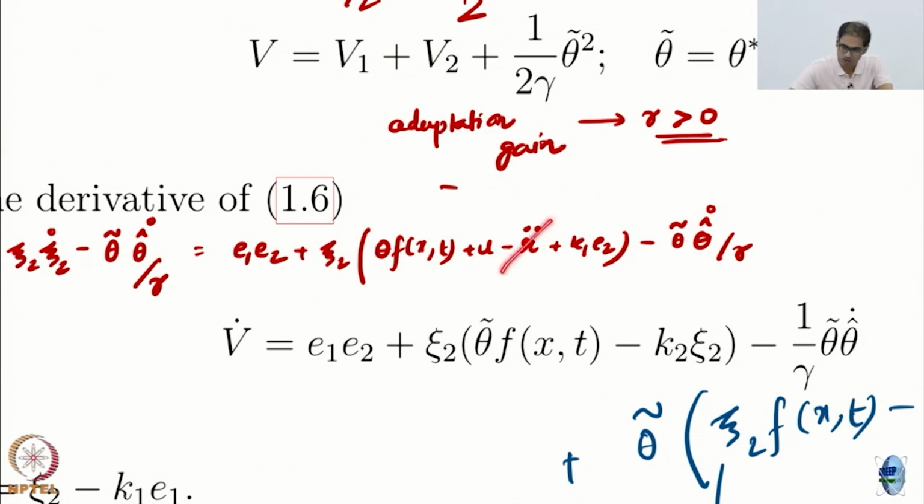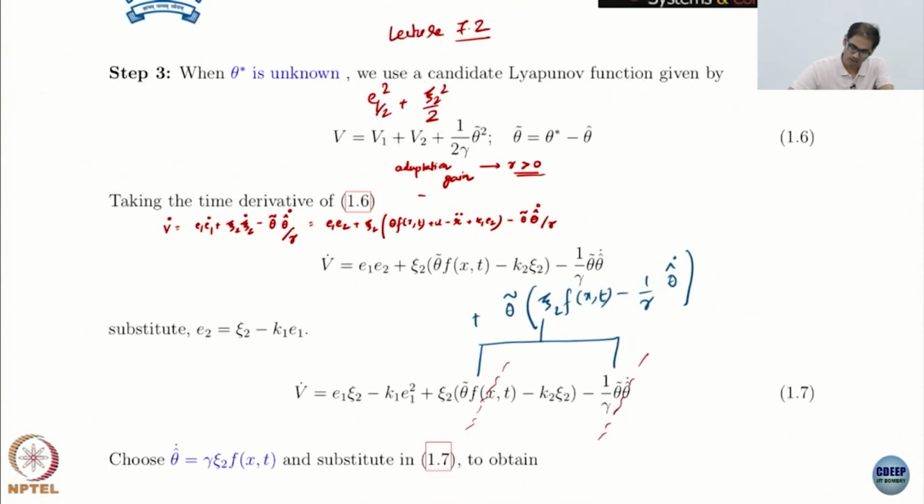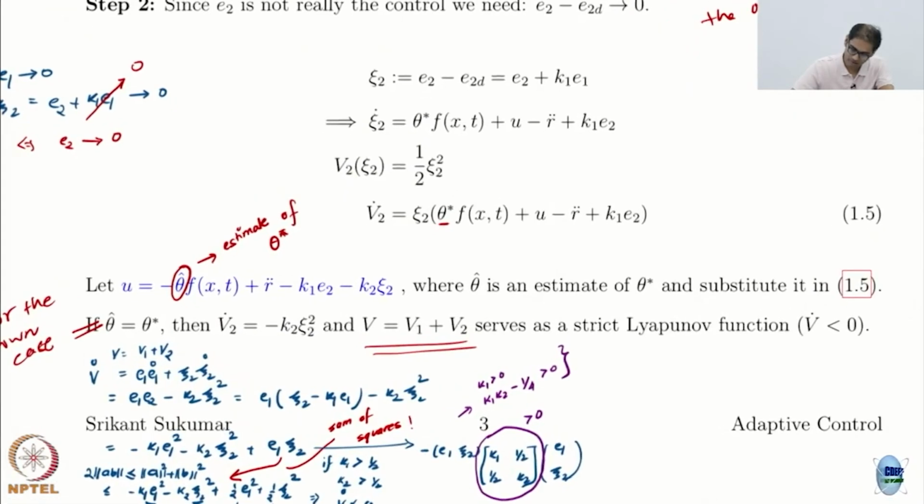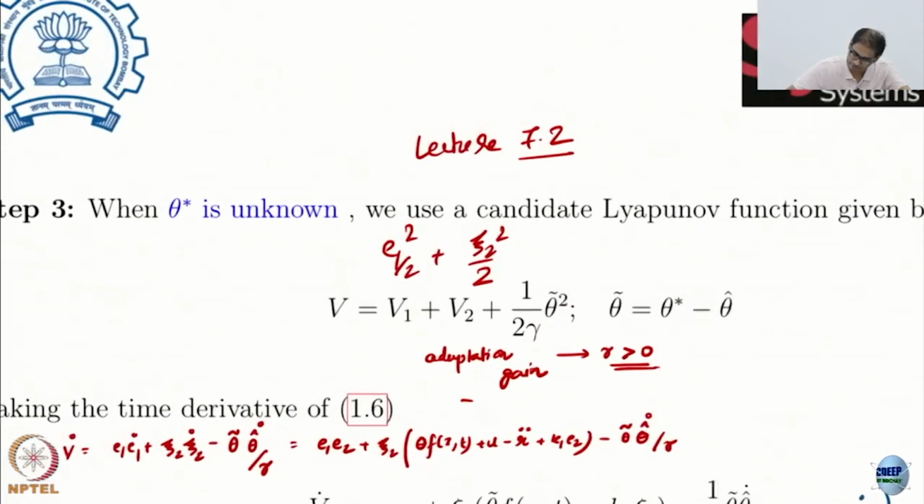I chose it to cancel these terms, by using theta hat f(x,t). So these two terms I can still cancel. If you see the control, it is this. This term will still cancel, the nice term will still appear, but this term will not cancel. So what will I be left with?